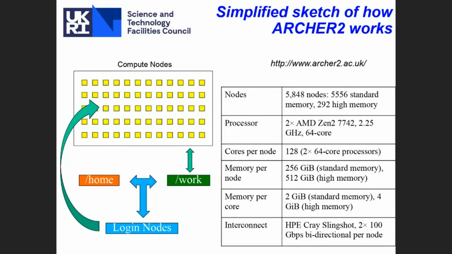From the work directory, there's access to the compute nodes, so you don't see them. This is hidden through the queuing system and the submission system. But the simulations are run in parallel on the compute nodes. In your case, it's going to be on one node, which is going to have 128 MPI tasks. And at the end of the simulation, you recover all your results still under the work directory.